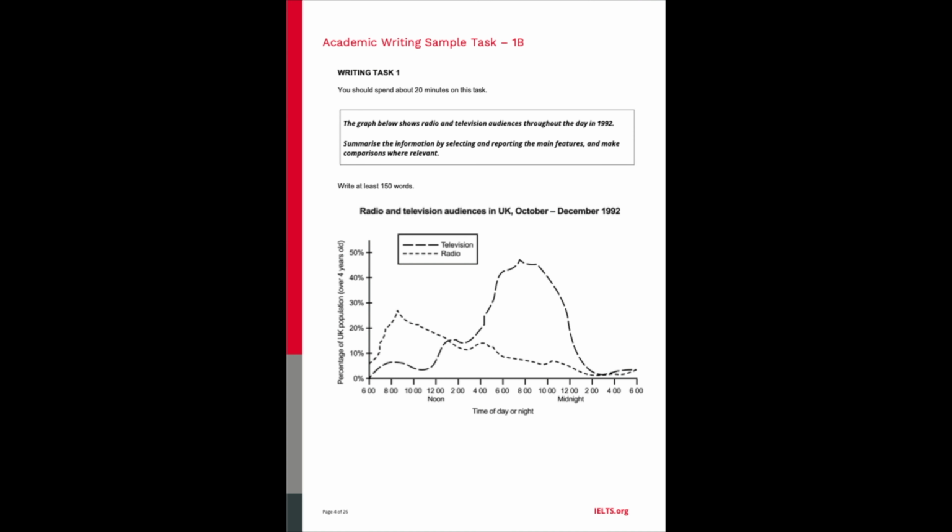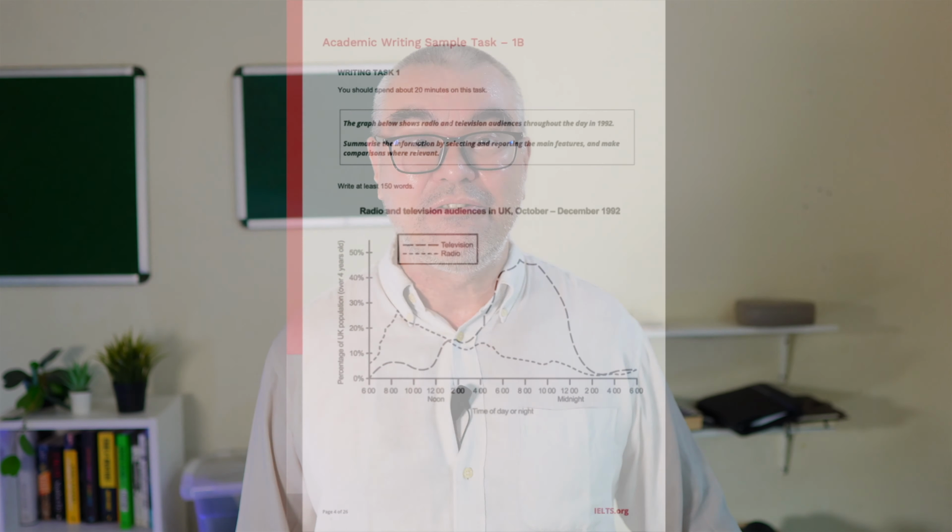The graph shows radio and television audiences throughout the day in 1992. So that is your description of the topic. And then, of course, you have the main point of the Task 1, which is the graph itself. And obviously, that kind of graph or chart is going to change for every single Task 1 test.